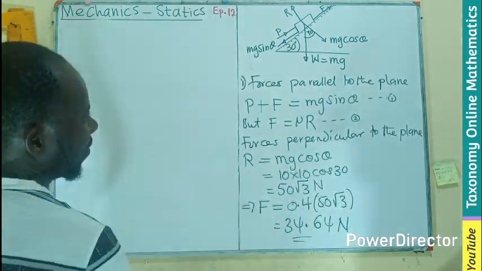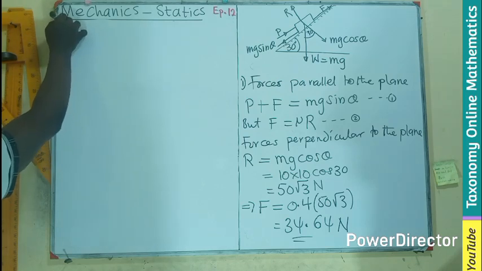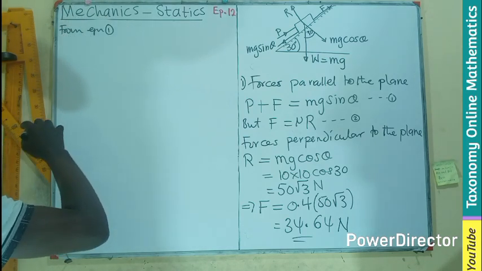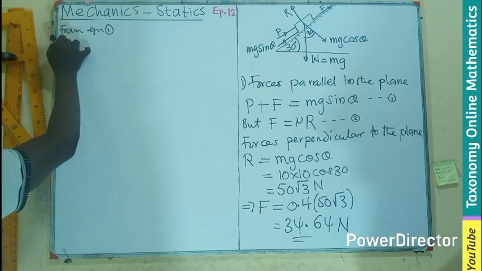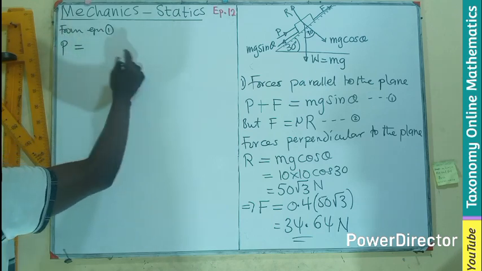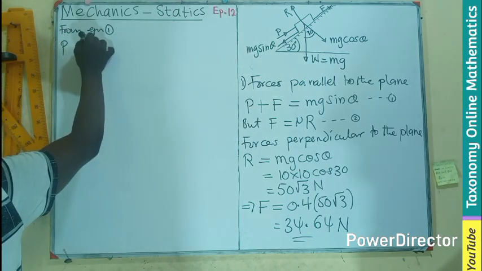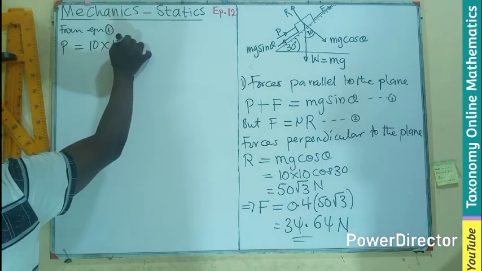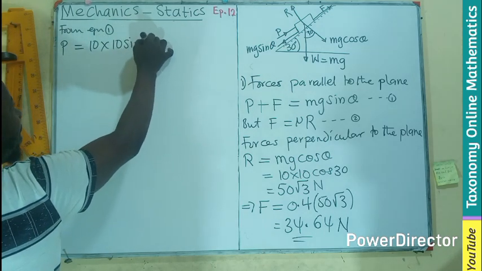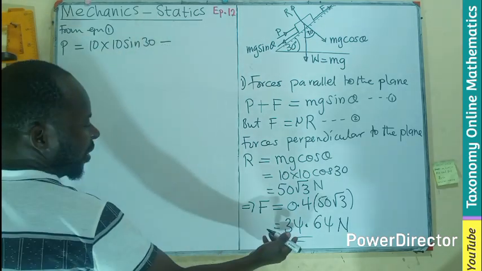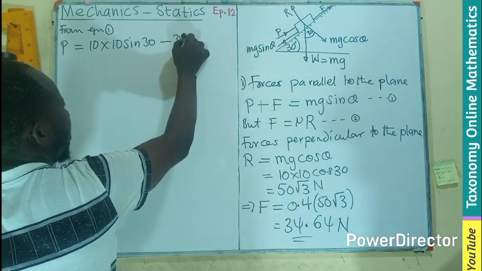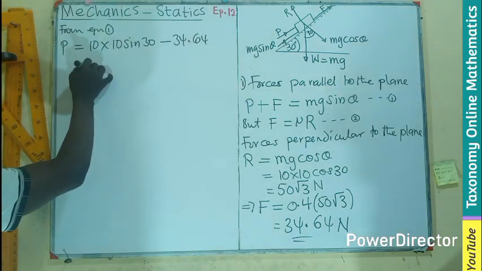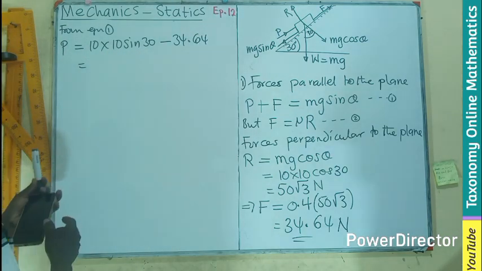Okay, so we have this. We can pick from equation 1, where I can make P the subject, equals mg, which is the mass 10, gravity 10, sine of 30, minus the very answer we have here, 34.64. So I think this will be giving us 50 something.